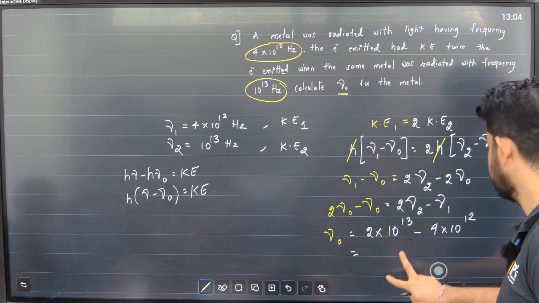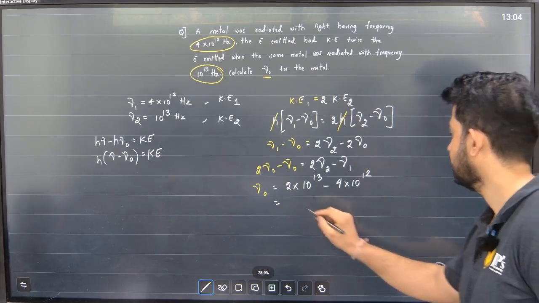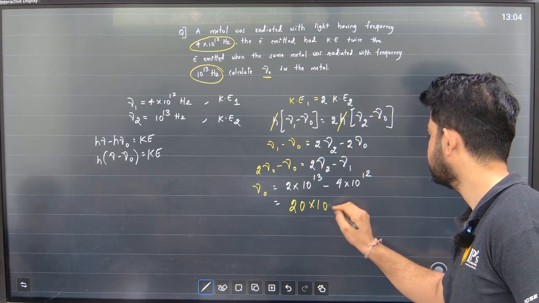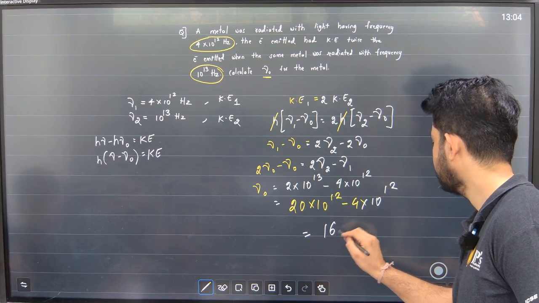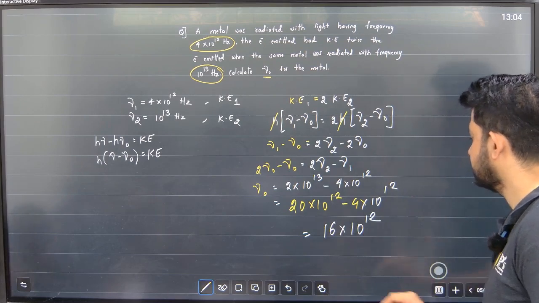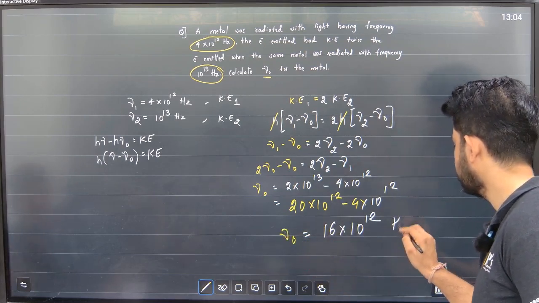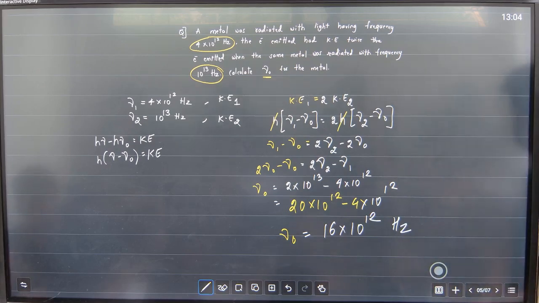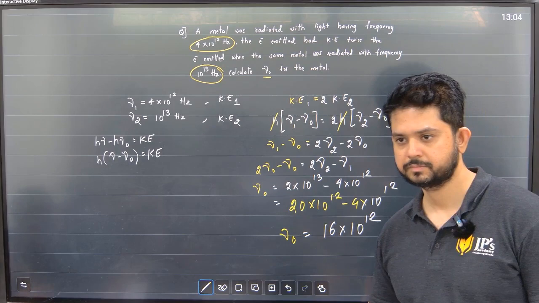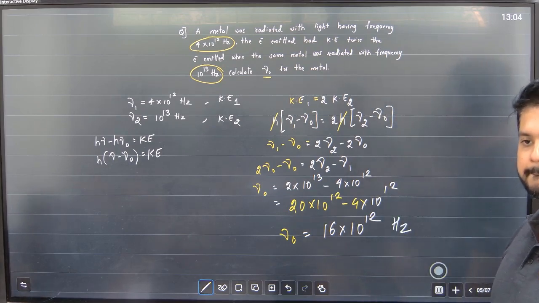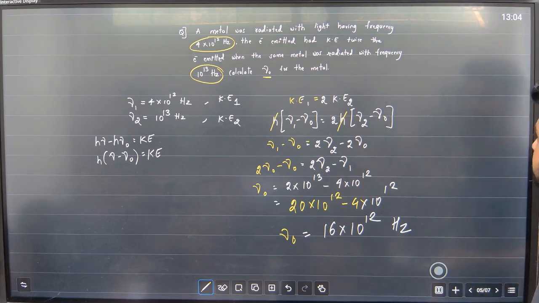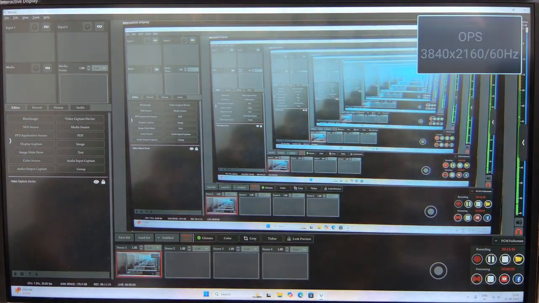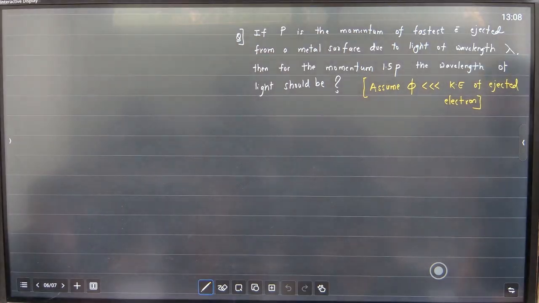Or this is 20 into 10 raised to 12 minus 4 into 10 raised to 12, or this is 16 into 10 raised to 12 hertz. So I got that answer, but the frequency of the first one is lesser than the threshold. For the second one, still electrons are coming out.